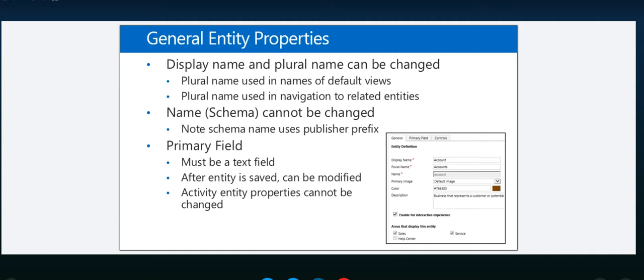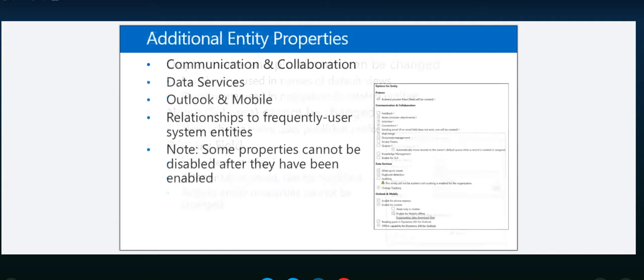All right, but there's more properties. There's actually quite a few more. So if you look at the different options for an entity, you see this little screenshot on the side there with all the different things that you could do with an entity, all the different property settings that you can work with. And just a list here that's in communication and collaboration, data services, relationships to Outlook and mobile, relationships to frequently used system entities.